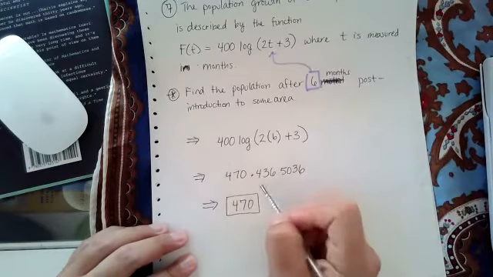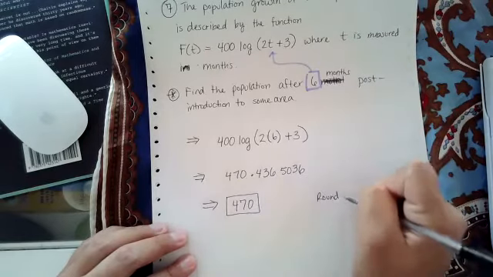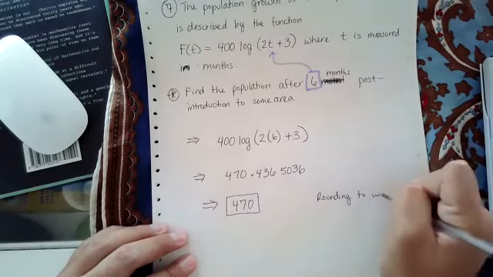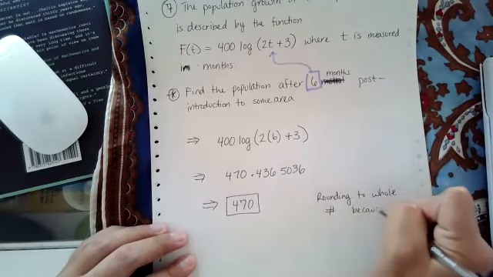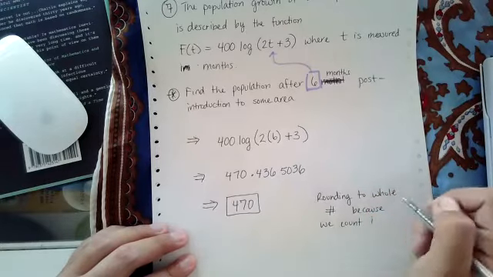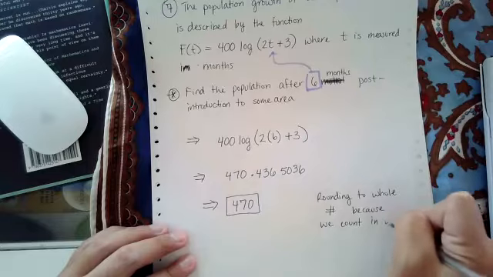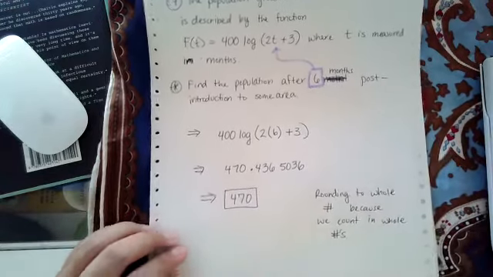We'll just round down to the whole number, because we count animals in whole numbers. Okay, does that make sense?